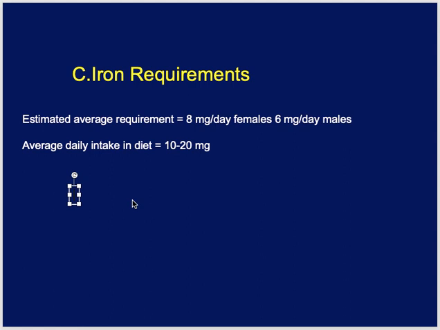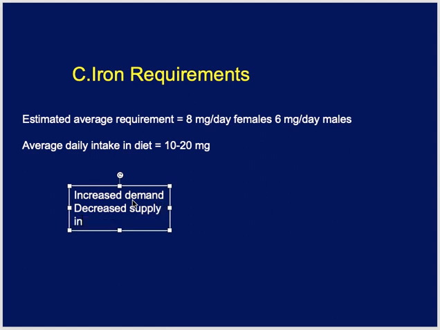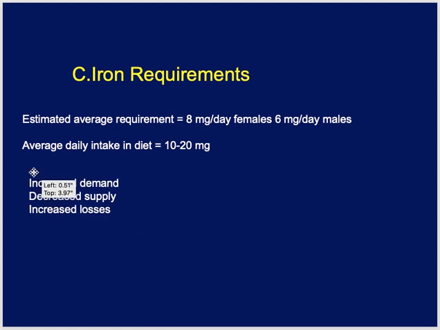For example, it could be increased demand, as well as it could be decreased supply, or the third condition can be increased losses. So simply, these are the three main ways by which deficiency of iron in the body can occur.